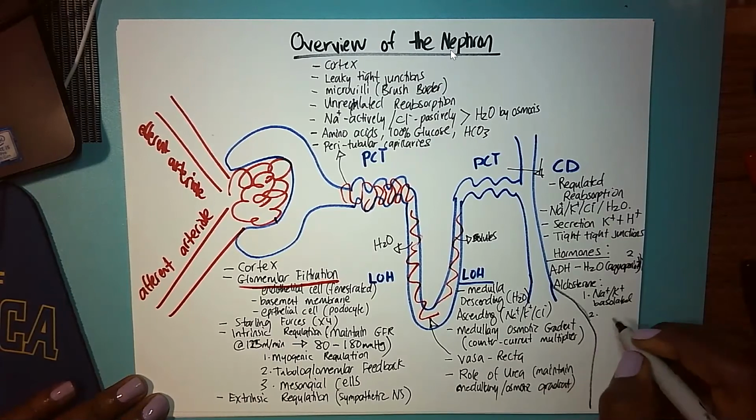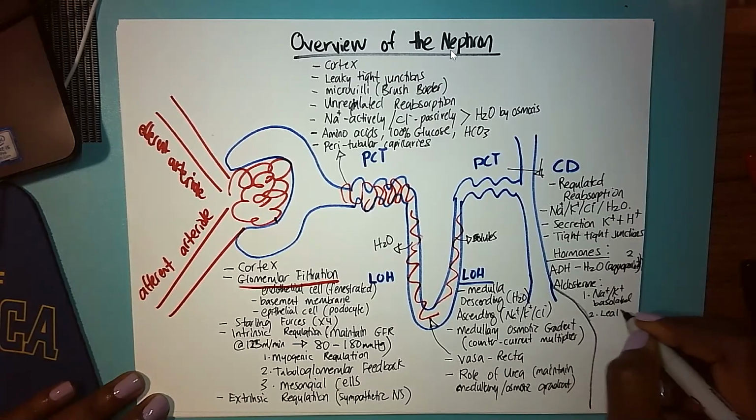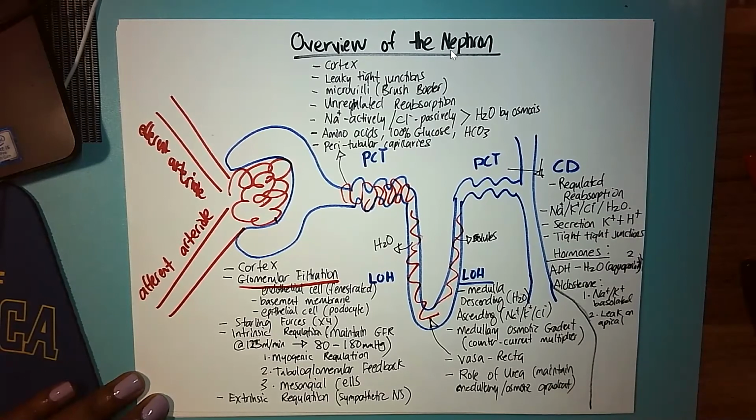And two is going to be the leak channels on the apical surface. If it inserted more of these things, we're going to reabsorb more sodium or secrete more potassium. If it inserted less of these things, we'll do the opposite.